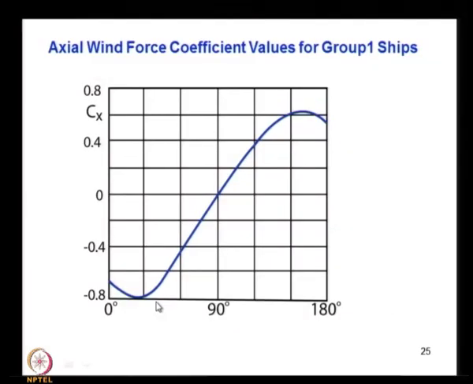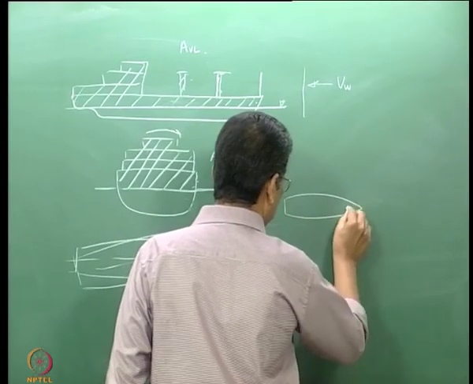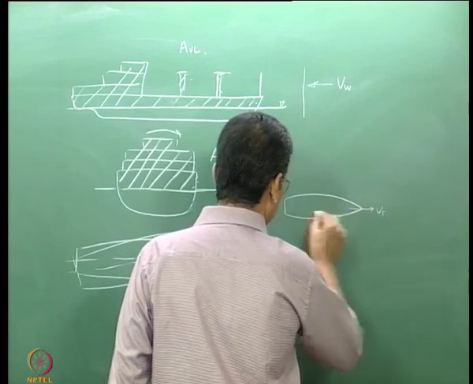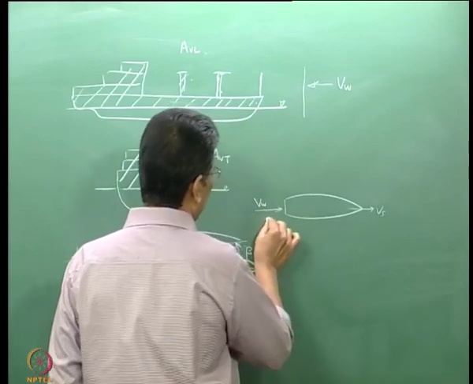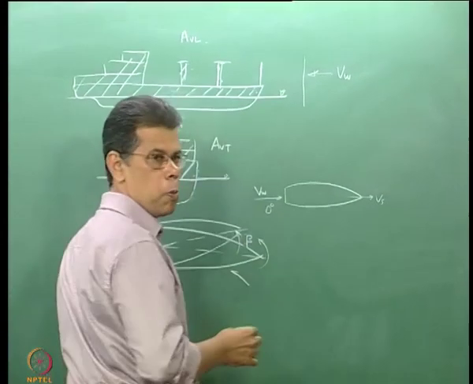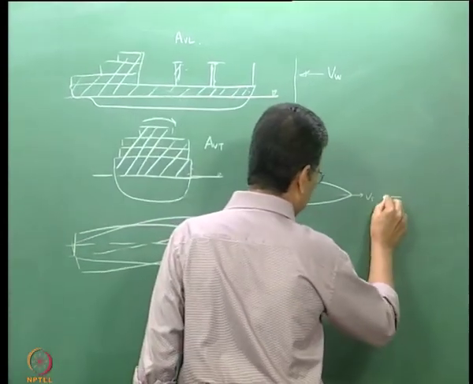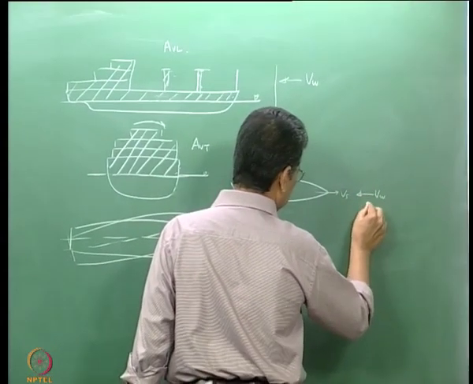When you consider the ship here, the ship is moving in this direction. If the wind is also in this direction, it is 0 degree. If the wind acts in this direction, it is 180 degree.